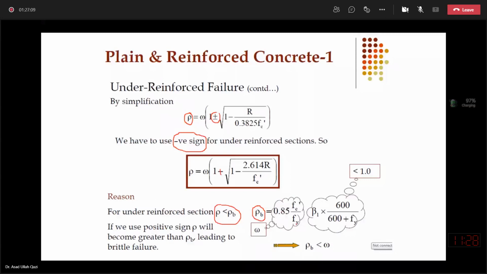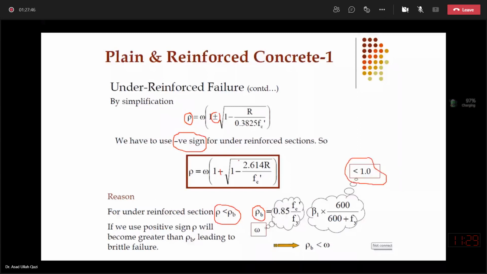Furthermore, once it goes inside, we will have in the balanced equation beta 1 into 600 over 600 plus Fy. This term in the balanced equation is less than 1. But here in our case, if I select plus over here, we will get the answer above 1, because it is 1 minus this under the root.